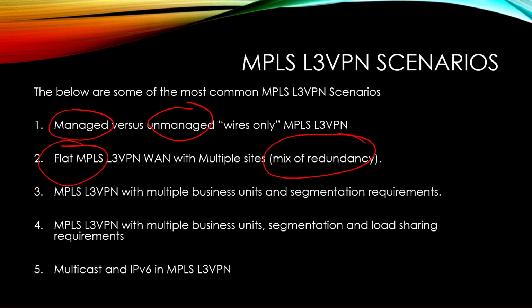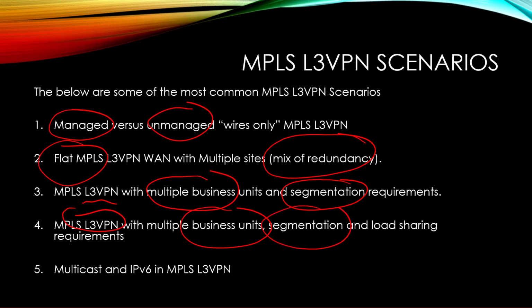We may also look at an MPLS L3 VPN with multiple business units and segmentation requirements. Bringing this a step forward, we may look at MPLS L3 VPN with multiple business units, segmentation and load balancing. Another area that we may look at in WAN design specific to MPLS L3 VPN is multicast and IPv6.